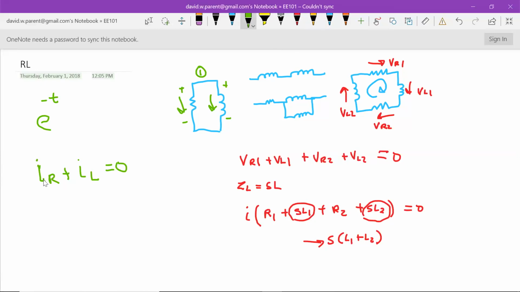I know it's a little weird. How can the current be both leaving? But it really just points to the fact that that's how nodal analysis works. If it doesn't make physical sense, if you properly keep track of the pluses and the minuses, you'll still get a physical solution.